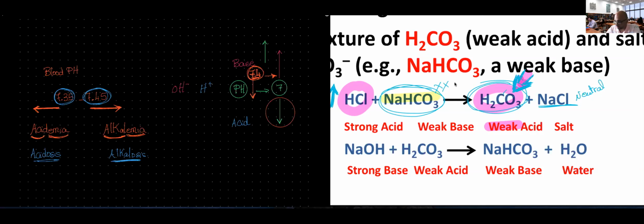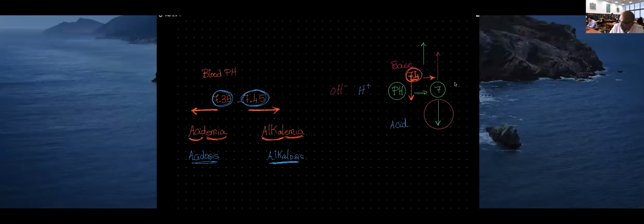What if I have alkalosis? I have a strong base added to my system. You have in your system a weak acid ready to respond. When I add the strong base to the weak acid from my body, what will I get?